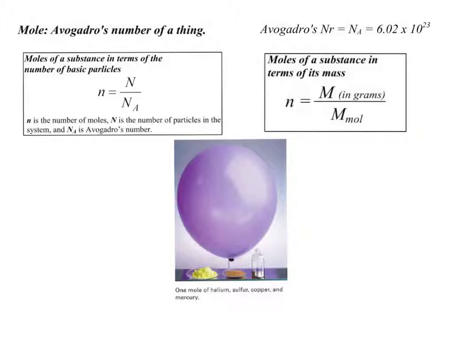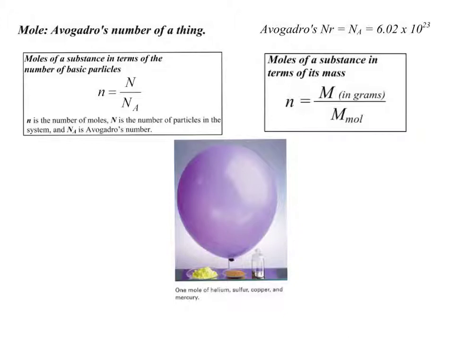Now, the number of moles present in a sample of something is really pretty easy to calculate. You just take the number of particles of that thing, divide by Avogadro's number, and you've got the number of moles. Just like you can take 54 eggs, divide by 12, and you have how many dozen eggs you've got. Now, in chemistry, you probably also learned about molar mass.